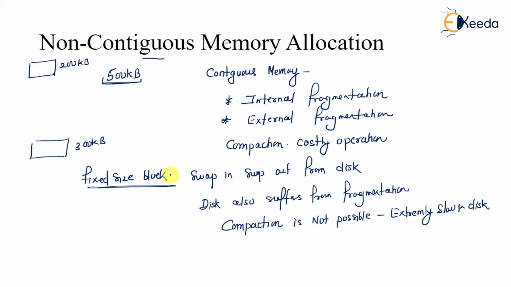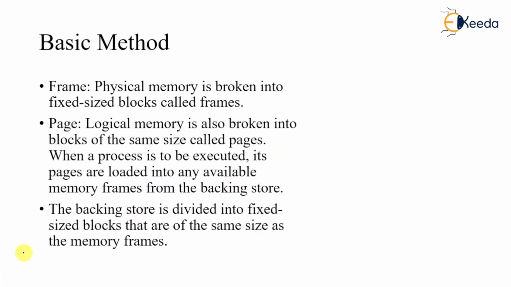Let's have a fixed size chunk, and let's divide the logical memory, the physical memory, as well as the disk. That is the core idea of non-contiguous memory allocation.